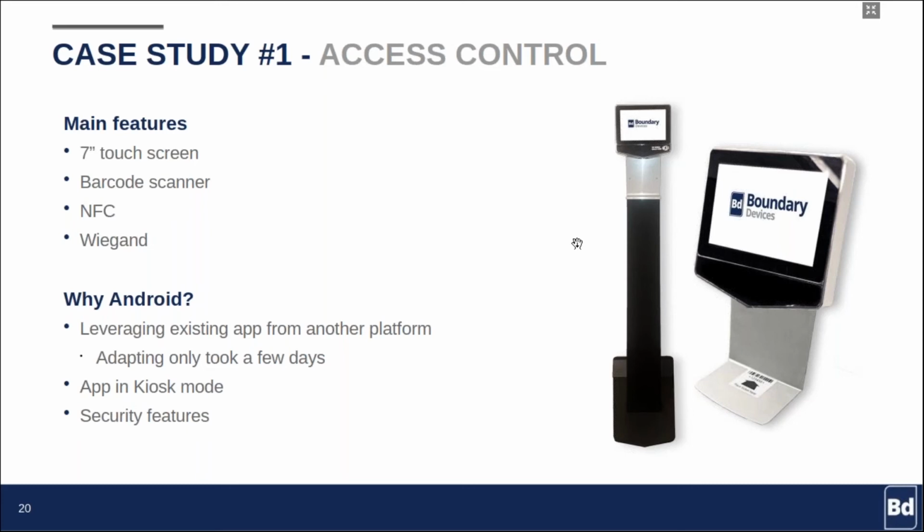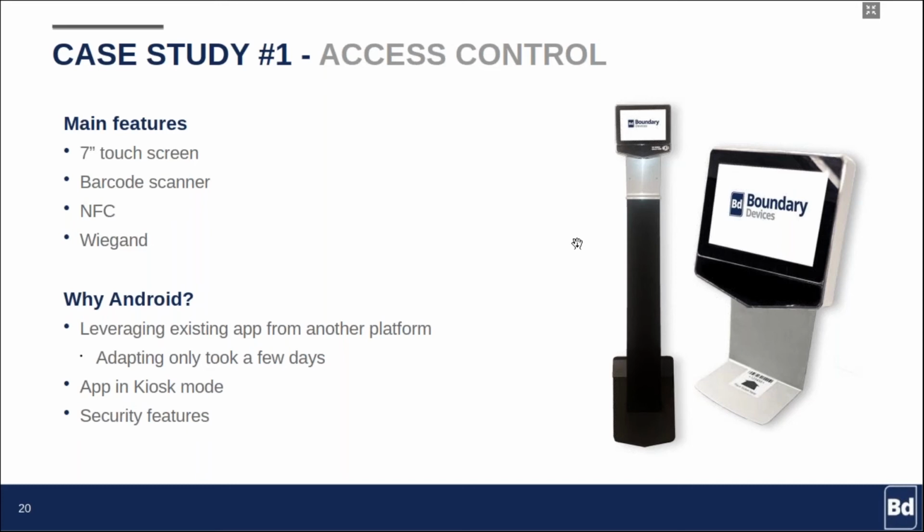It's a simple device with a 7-inch touchscreen display, barcode scanner, NFC, and Wiegand. And so why would we use Android for that project? Well, reason number one was there was an existing application that we could reuse, and that only took a few days to adapt to our platform and make it run as we wanted.